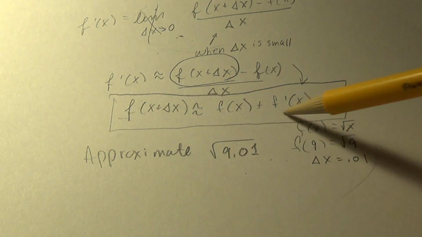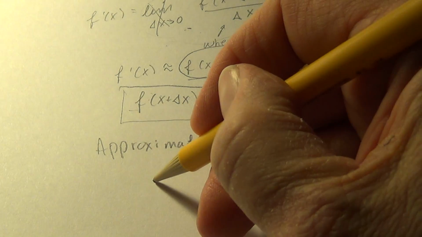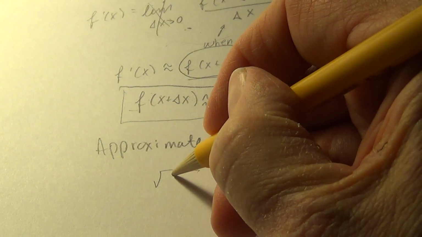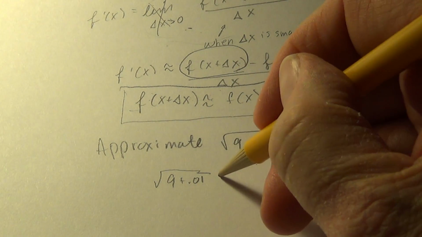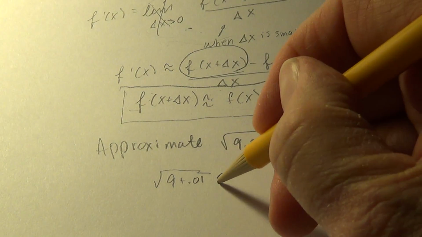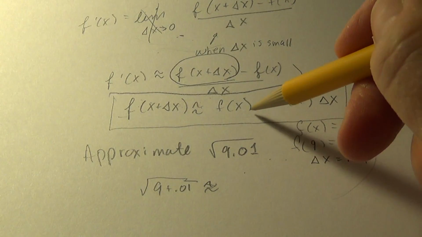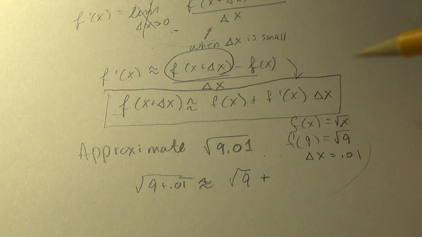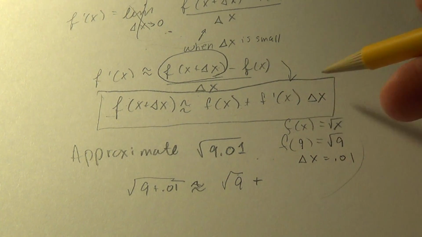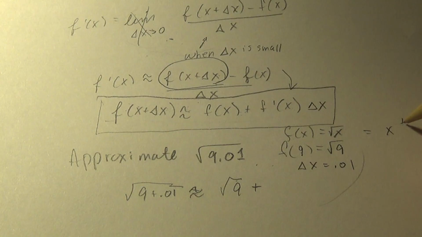I'm going to go right down the formula from left to right. The function is the square root of x, at 9 plus 0.01. That's what I'm trying to do. It's going to equal approximately the function of the one we know, the square root of 9, plus the derivative of the function. The function was the square root of x, which is x to the 1/2.